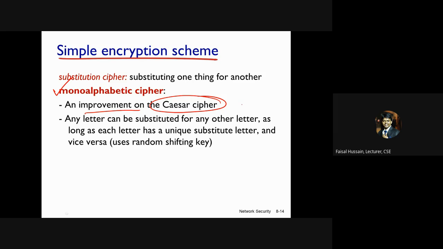The possibility becomes 10 to the power 26, because for each letter there could be 26 variations or options to check. Any letter can be substituted by any other letter as long as each letter has a unique substitution letter, using the random shifting key.